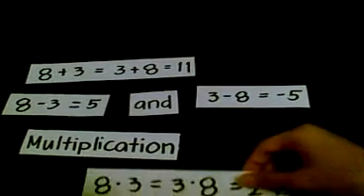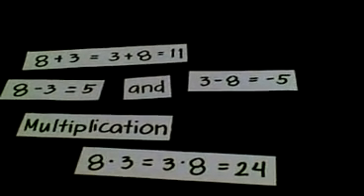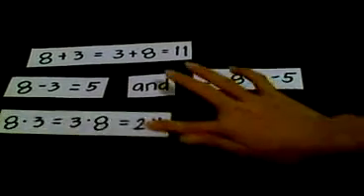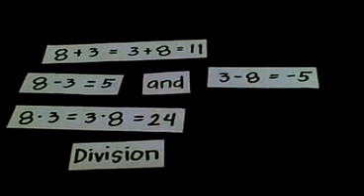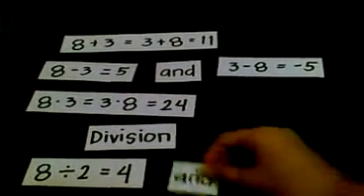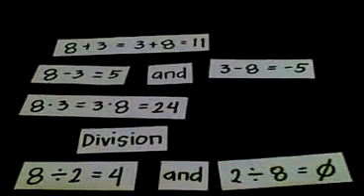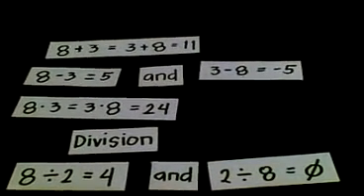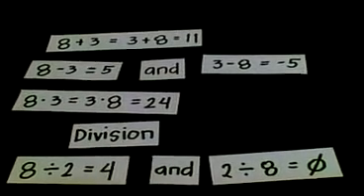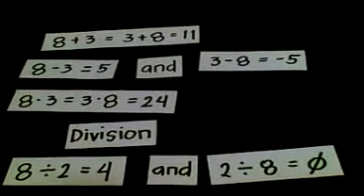For multiplication, 8 times 3 is equal to 3 times 8, which is 24. And last, in division, we will have 8 divided by 2 and 2 divided by 8. 8 divided by 2 is 4, but 2 divided by 8 would yield a fraction or a decimal.